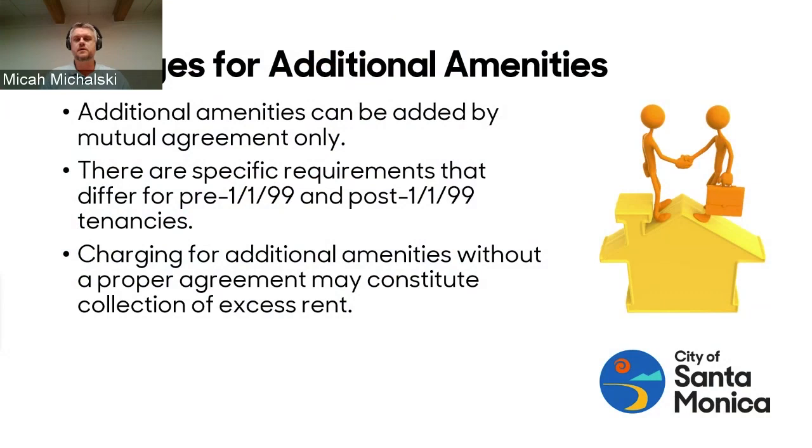So charging for additional amenities is not allowed within rent control, except under very specific circumstances where they need to be registered. So charging for additional amenities without a proper agreement may constitute the collection of excess rent. Slide, please.